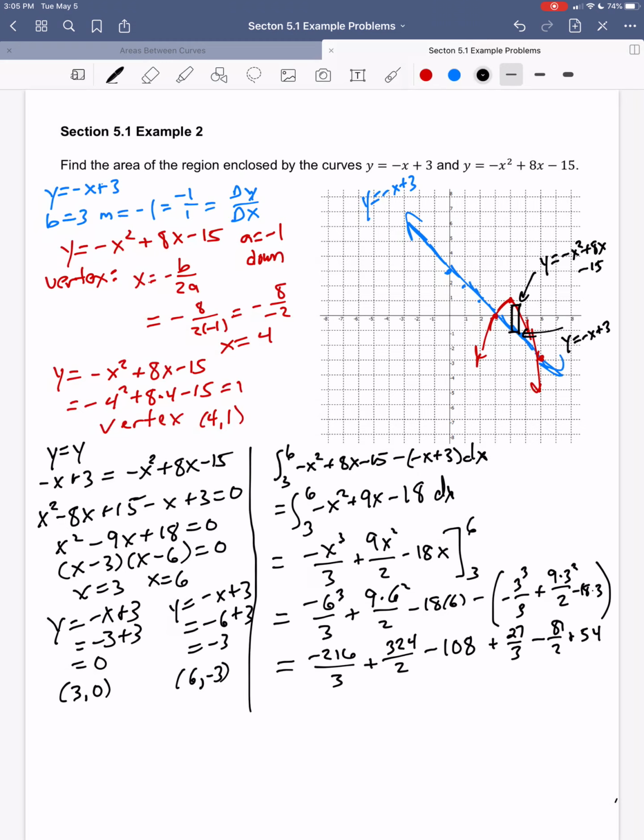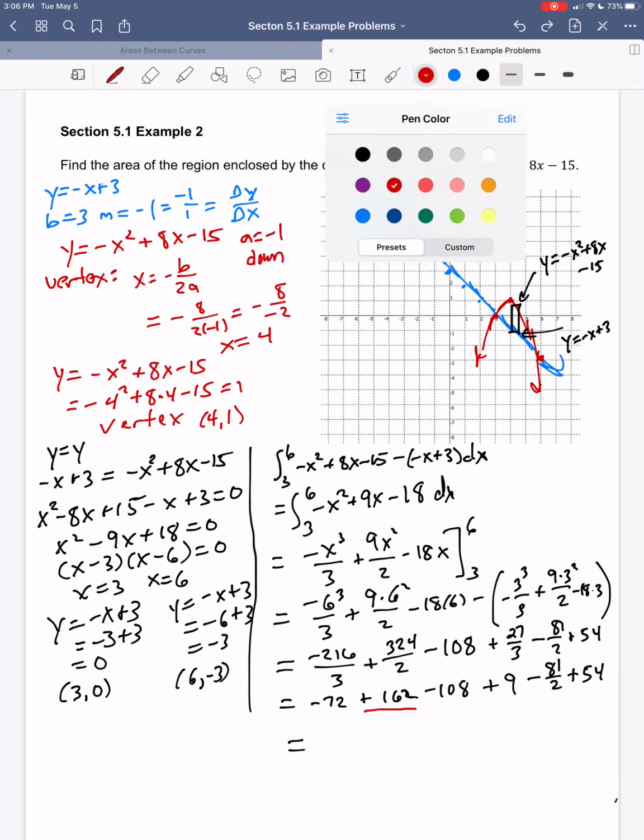Okay, so now let's see. 216 divided by 3, that's negative 72. 324 divided by 2, that's 162. Minus 108 plus 9 minus 81 halves plus 54. So let's see, I've got positives here. So 162 plus 9 would be 171. I have another positive, right?